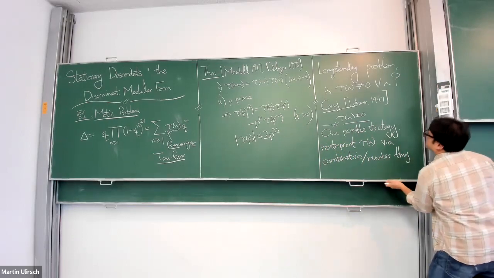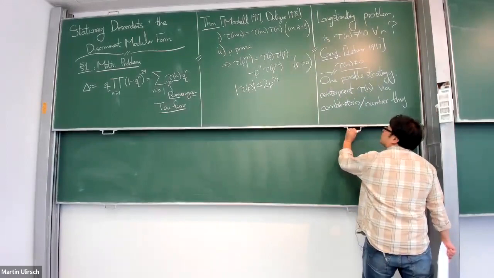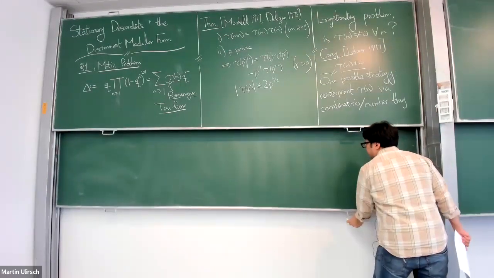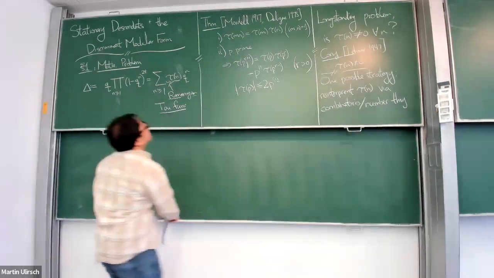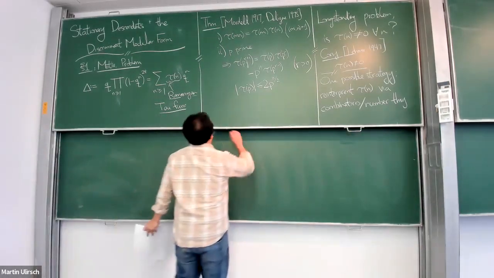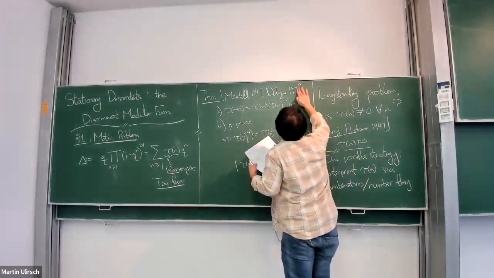What do I mean by this? Well, the first attempt at this strategy goes all the way back to Niebur, in 1975, actually, sorry, I got this wrong. It was the year before.